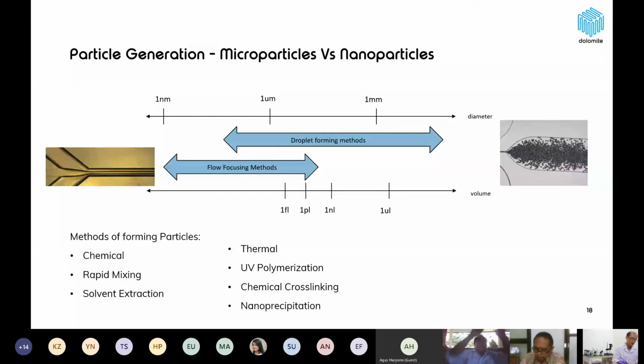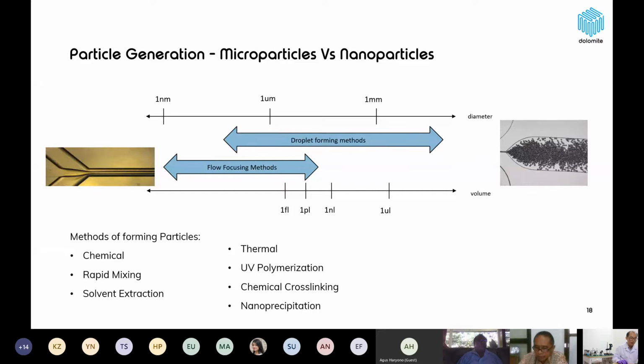In this method, we pump two solutions into the chip junction to make a laminar flow, and because of the different solubility of the reagent or reactant, during the mixing part of the laminar flow, the precipitation of the reagent will occur at the interface between the two streams.